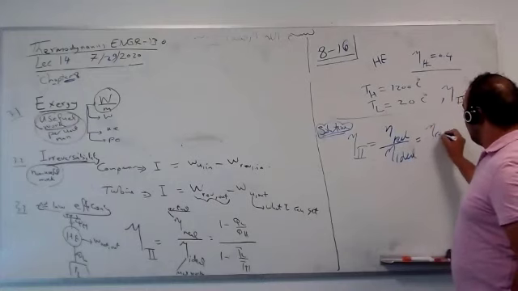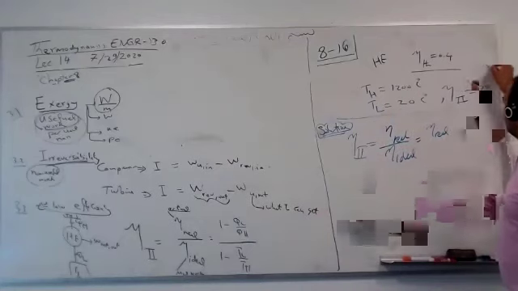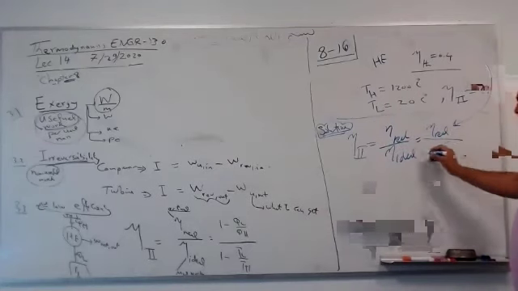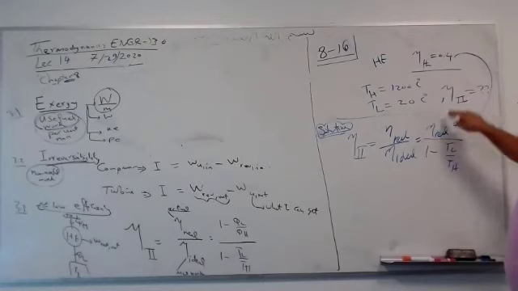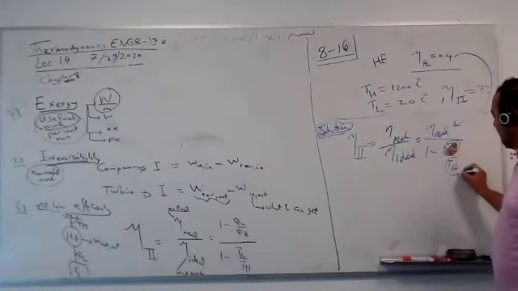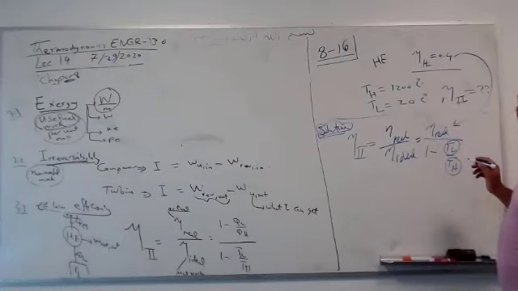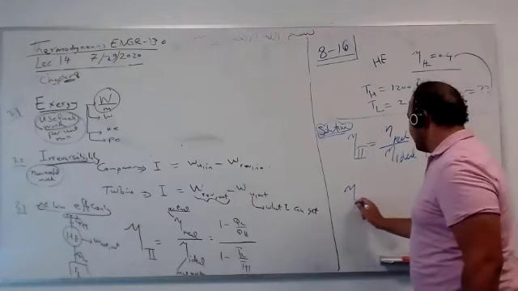I don't know why you want to get Q over Q. No, eta real is given, over eta ideal, which is 1 minus T low over T high. Temperature is given now. So eta real is 0.4. The only trick is T low and T high are given in Celsius, and eta real was given explicitly. So people are scared for no reason.